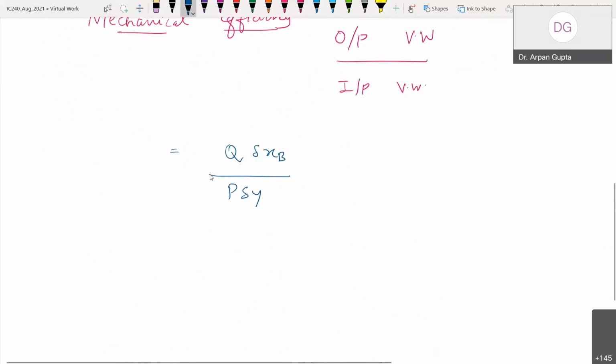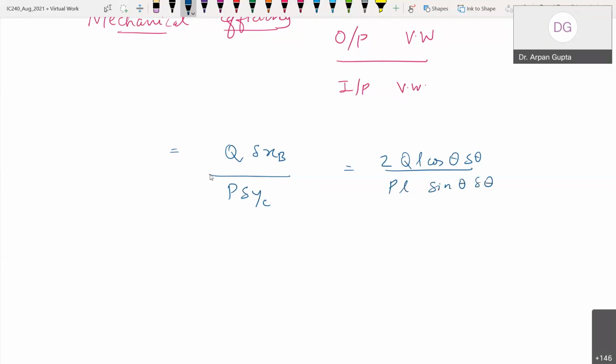So that was your input work. If I simplify it, it is 2L cos theta delta theta divided by PL sine theta delta theta. And that's the expression. And again, you can see here that this cancels.